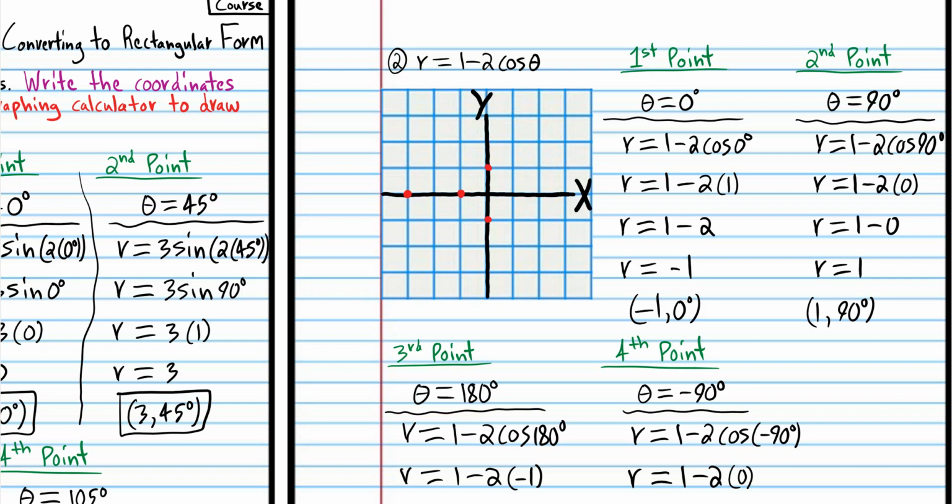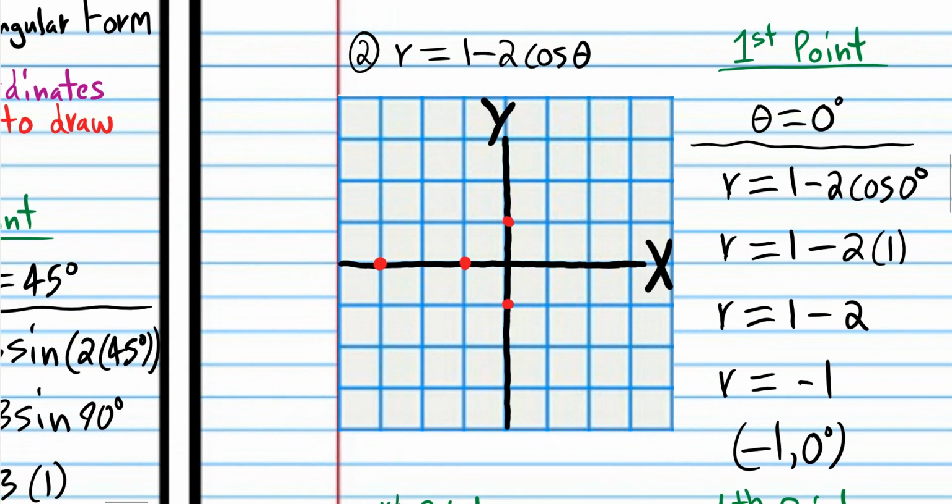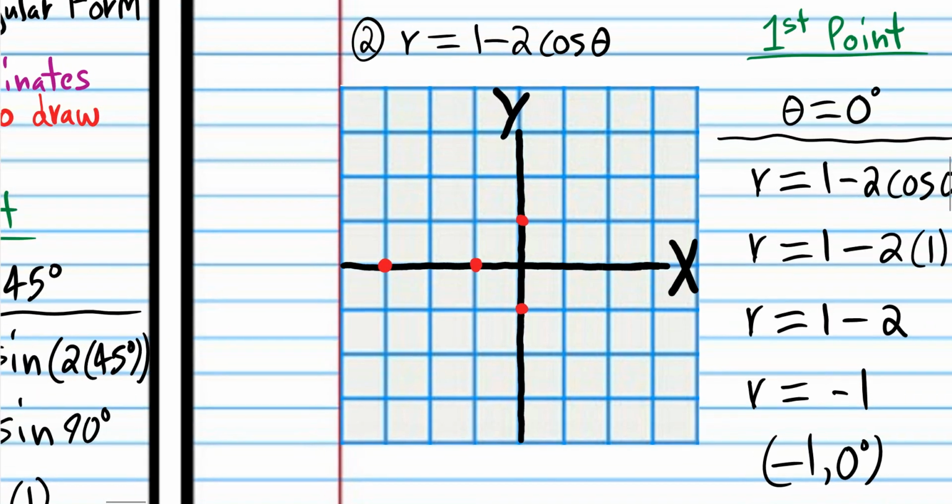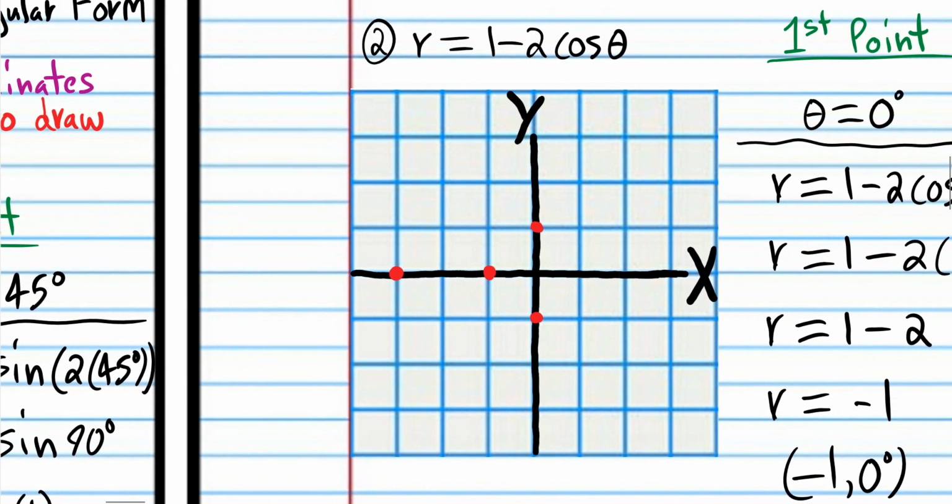Now we're going to go to our graphing calculator, and the graphing calculator is going to help us see the basic form of the graph. So it looks like our graph is not going to go past y equals negative 2.